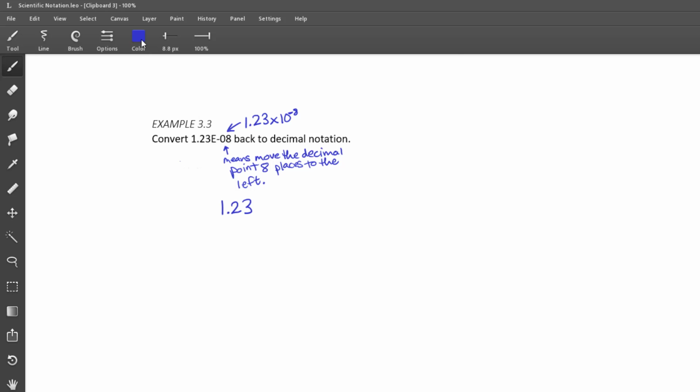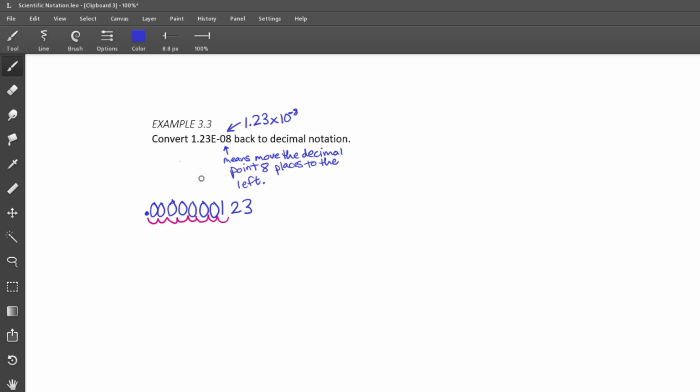I'm going to take that decimal point and go 1, 2, 3, 4, 5, 6, 7, 8 places to the left. I'm going to fill in the decimal here and erase the decimal there and fill in each of these cups with a 0. 0, 0, 0, 0, 0, 0, 0.